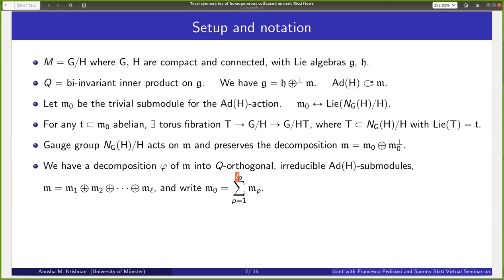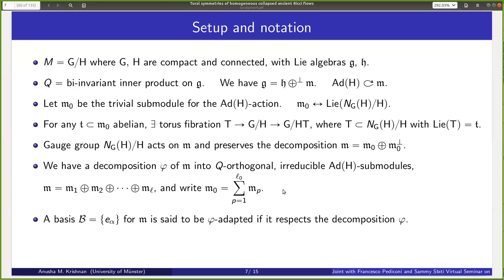So L naught is the dimension of the trivial module, and here the M P are each one-dimensional modules. The letter P will always be used for indices corresponding to M naught.